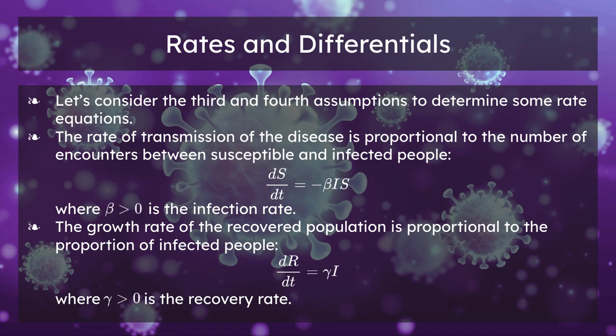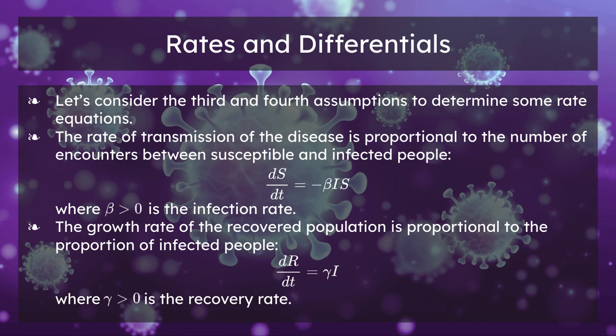So that's why here we're defining dS/dt. And so we need to look at the encounters between susceptible and infected people, and that's why we multiply those proportions together. We have I times S in there. And we use beta as a scaling constant, and that's the rate of infection. And it's negative because as people are infected, they're leaving that subgroup.